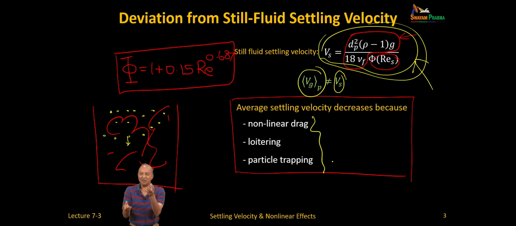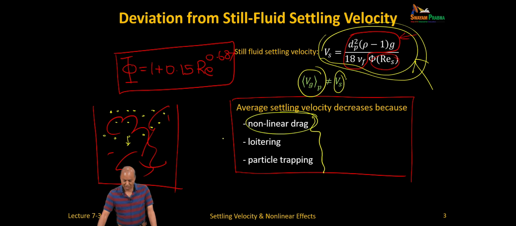So in other words, they don't perfectly balance each other. So higher Reynolds number matters more, therefore you end up getting more drag, therefore it decreases settling velocity, and this is the nonlinear effect. In other words, if instead of falling down at the same velocity, it keeps changing its velocity, high velocities will create more drag, and therefore it will eventually slow down the particle. So this is called the nonlinear effect.